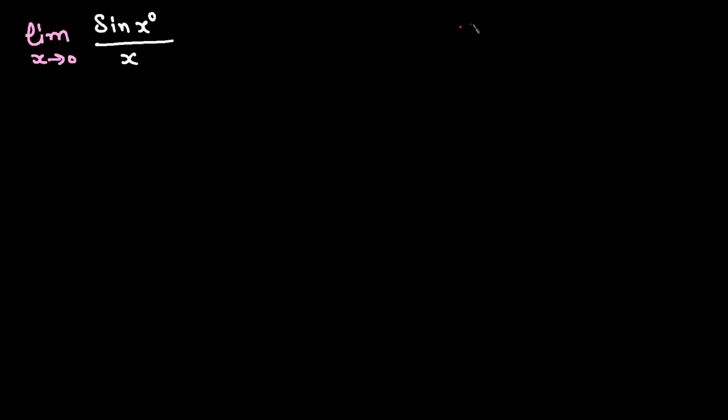We know that 180 degrees is equal to pi radians, and also 1 degree is equal to pi over 180 radians. If I multiply by x, that gives me x degrees is equal to pi x over 180 radians. That's what we're going to substitute here. Instead of x degrees, we're going to write radians.